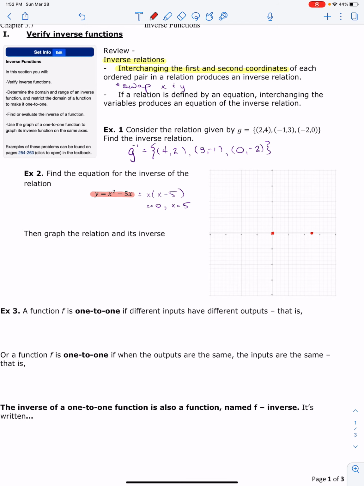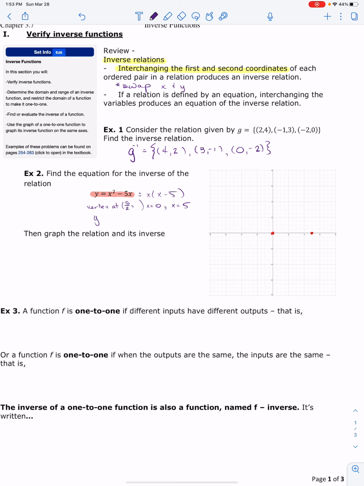Okay, and then we know this is a parabola, it's a quadratic. If we want to find the vertex, we know it's going to be halfway between the zeros. So the vertex is at halfway between 0 and 5, which is 5 halves.